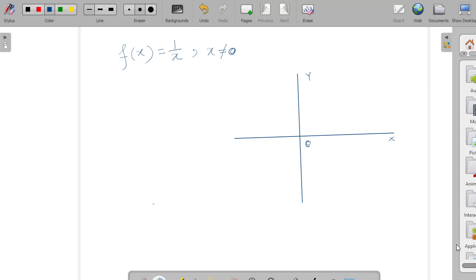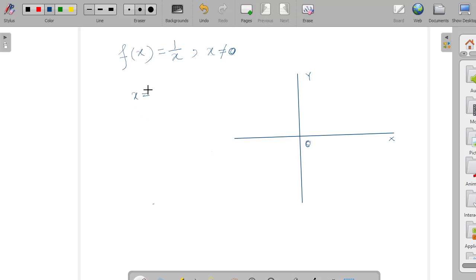Here we can see that by the consistency rules of mathematics, division by 0 is not allowed, so x cannot be equal to 0.